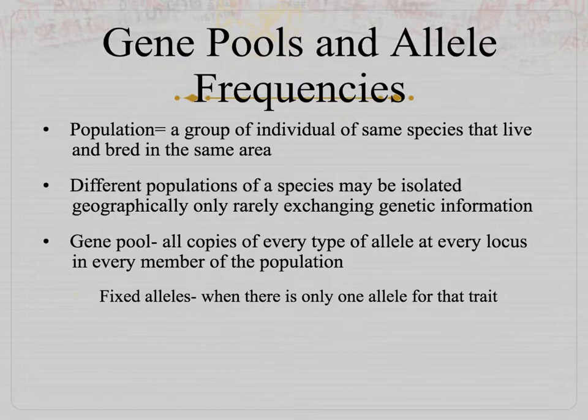The gene pool is all the copies of every type of allele at every locus, every location, in every member of the population. Sometimes there are fixed alleles, when we only have one allele for that trait. For instance, if all of the dominant alleles were eliminated, like for cleft chin, then nobody would have cleft chin, we'd all be recessive, and that would become a fixed allele.